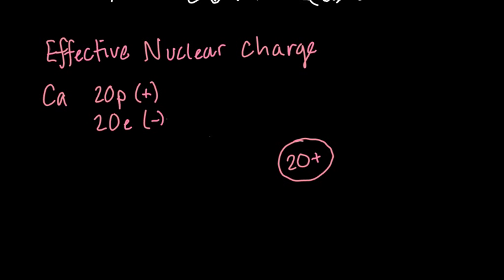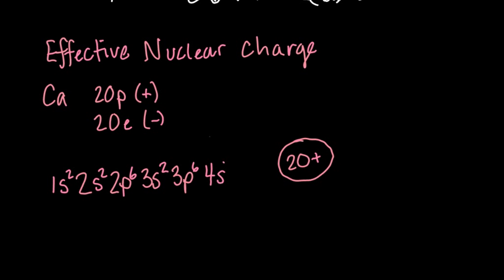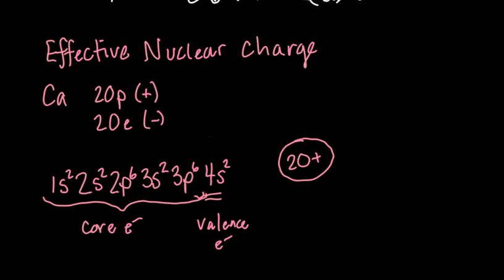Now, in a calcium atom, we have 20 electrons, so that's going to be 1s2, 2s2, 2p6, 3s2, 3p6, and then 4s2. Our valence electrons are going to be the 2 electrons found in the 4s. The rest of these are going to be our core electrons, and just the outermost ones are the valence electrons.